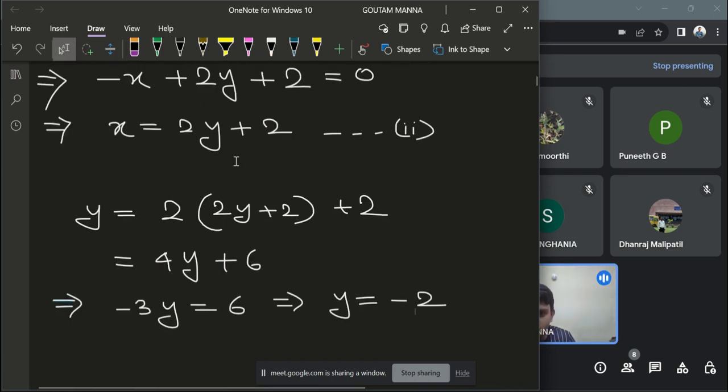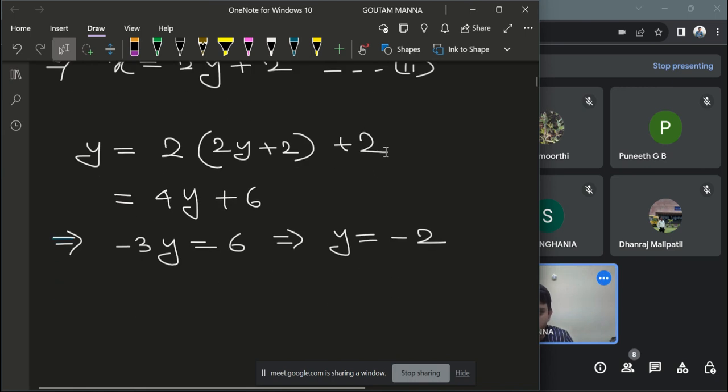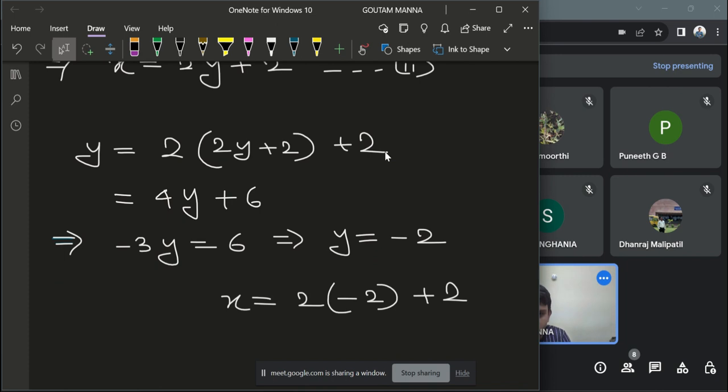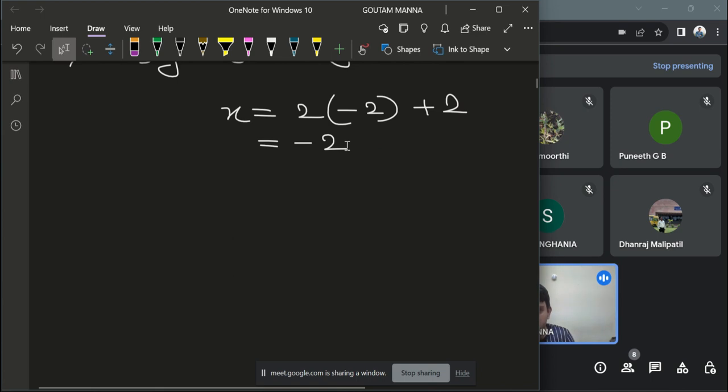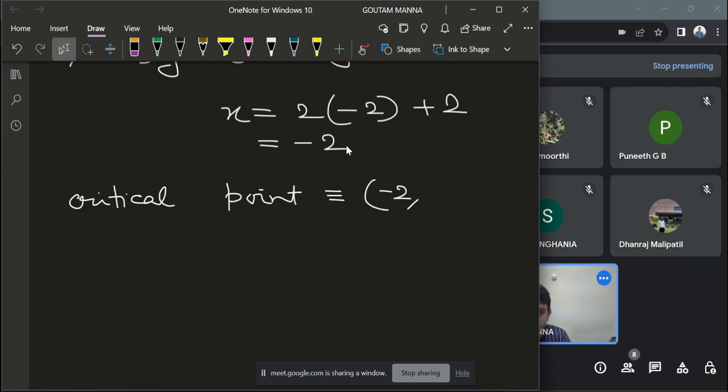And if I put the value of y in equation 2, it will be x equals to 2 times minus 2 plus 2, which is minus 4 plus 2, and that is minus 2. So the critical point is minus 2, minus 2.